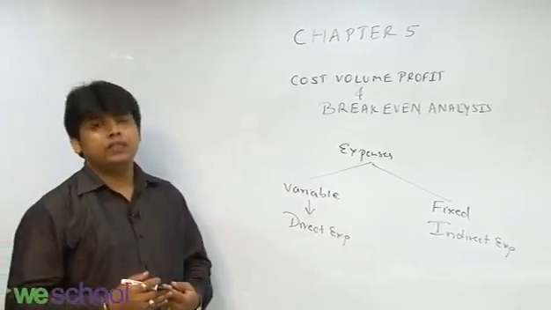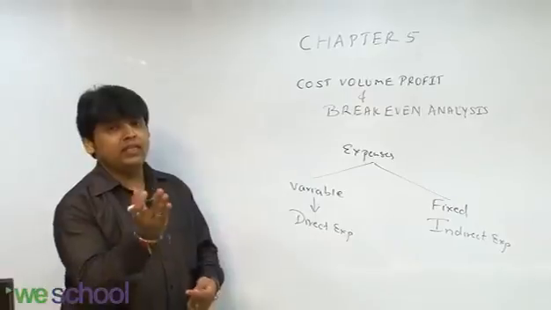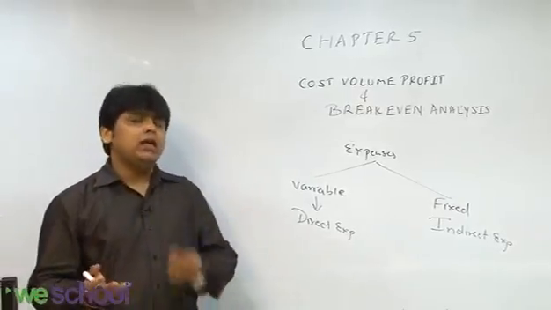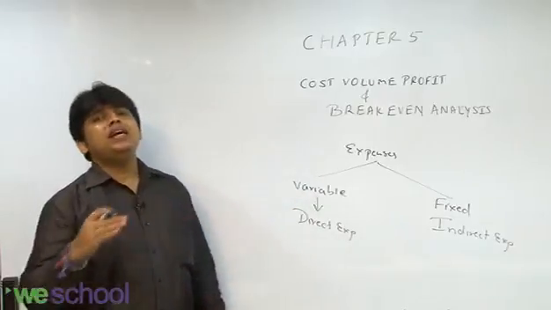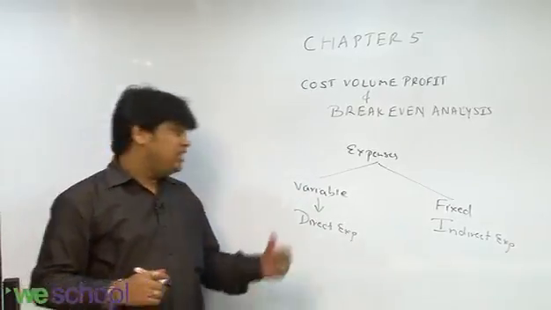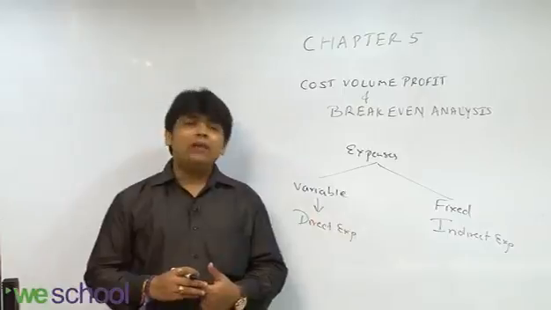If the production level is increasing, the variable expense will be increasing. But if the production level is decreasing, the variable expense keeps on decreasing. That is the speciality of variable expense.